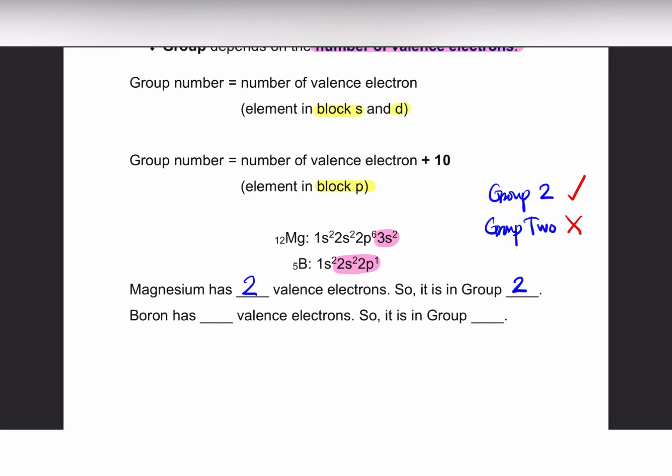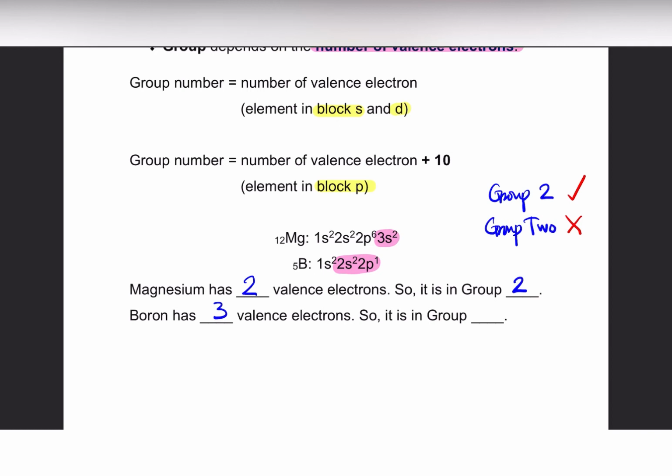So, boron dia mempunyai 2 tambah 1, 3 valence electrons daripada n equals to 2. Iaitu subshell 2s ada 2, subshell 2p ada 1. So, maknanya dia ada 3 valence electrons. So, that is the information that you got from electronic configuration.